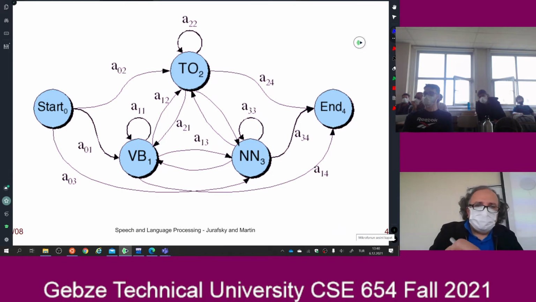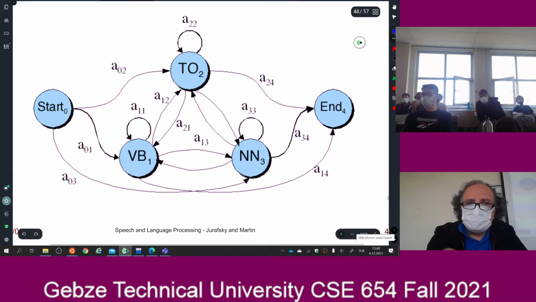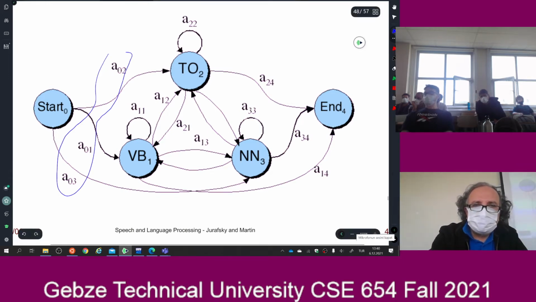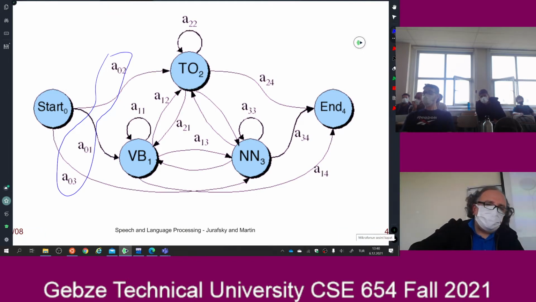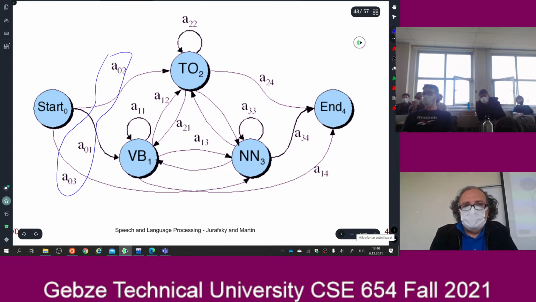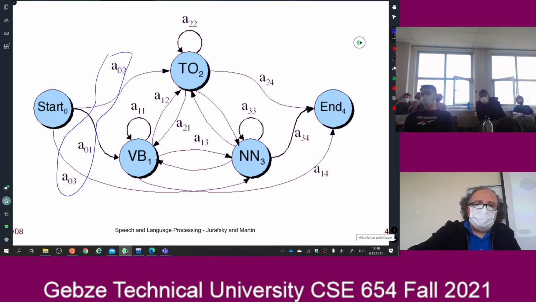So these are the, remember that special probabilities pi. The sum of these 3 should add up to 1.0. This one will tell you the probability that a sentence starts with a 2. This one will tell you the probability that the sentence will start with a verb.